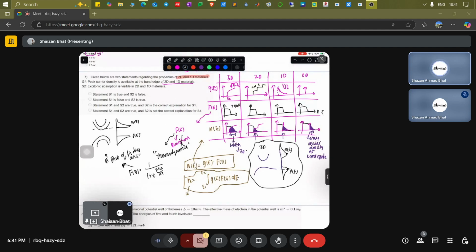So another thing is S2 statement, it says excitonic absorption is visible in 2D and 1D materials. That is also true. Okay, why is it true?